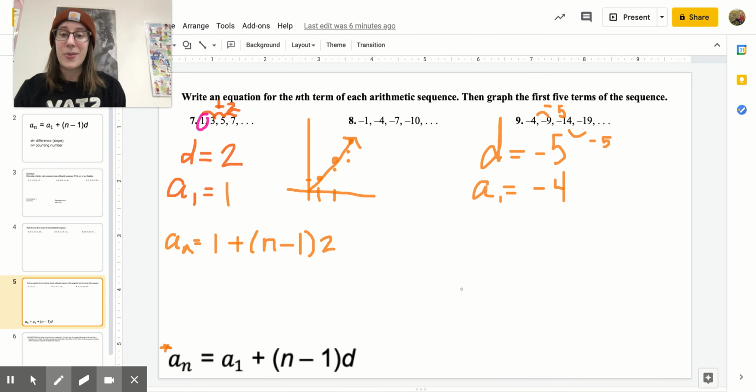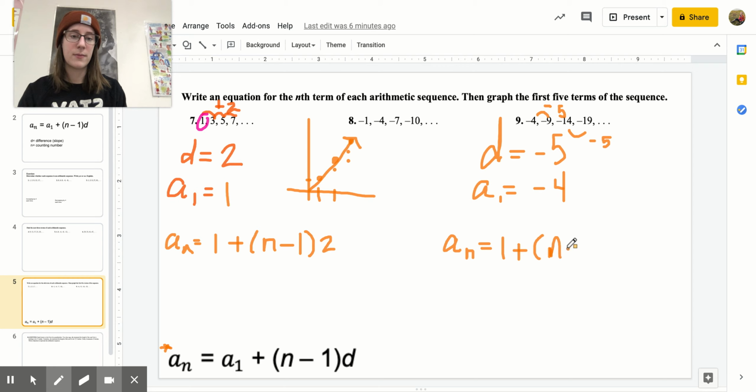Then just like we did before, you are going to use your formula to write an equation. A sub n equals a sub 1 plus n minus 1, sorry, got distracted, n minus 1 times your d value, which is negative 5.